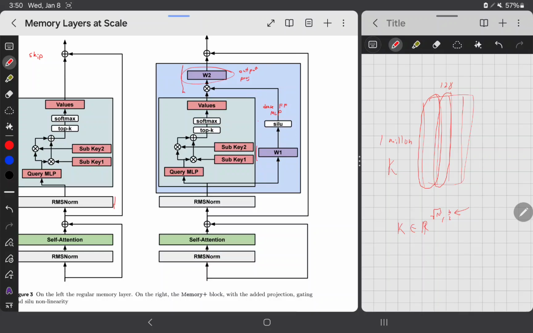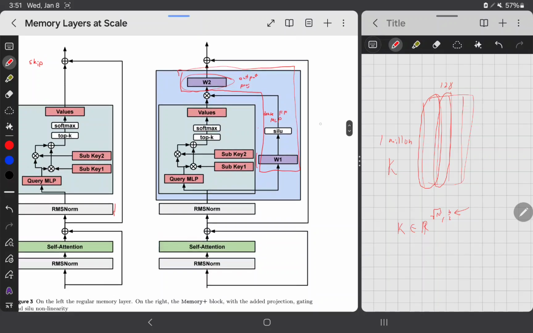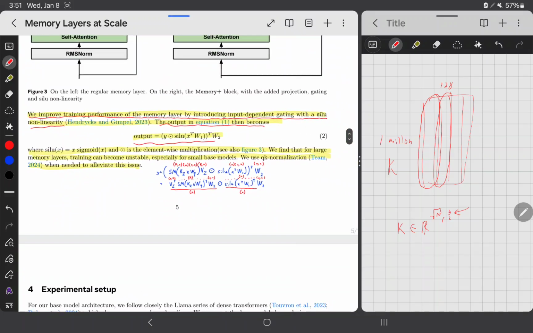Like if we just took this part here, this would basically be a normal feed-forward layer where this is like your up projection, this is your down projection, this is your intermediate activation function. So they basically have a small version of this in parallel with these memory layers, which are basically extracting these memories from like 1 million tokens. So they say that that improves performance.